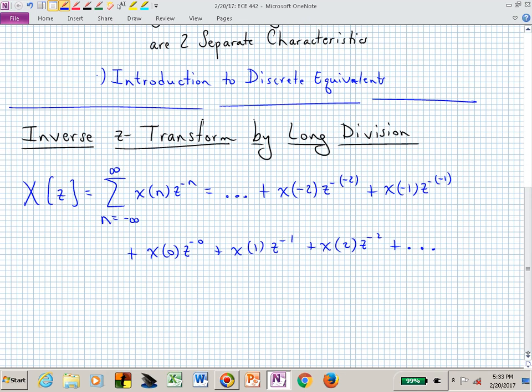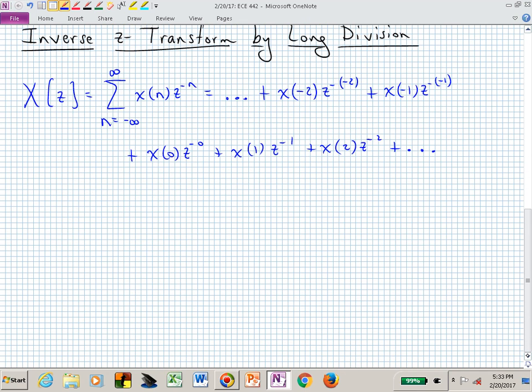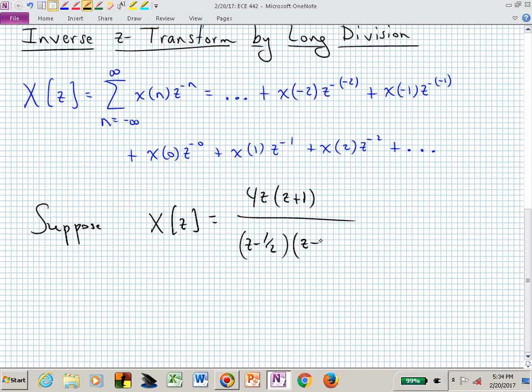To do that, let's look at a particular example. Suppose somebody gives us a Z transform: capital X of Z is 4 times Z plus 1, all over Z minus 1/2 and Z minus 2.